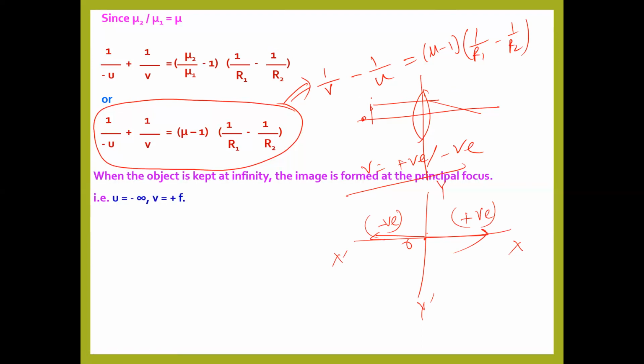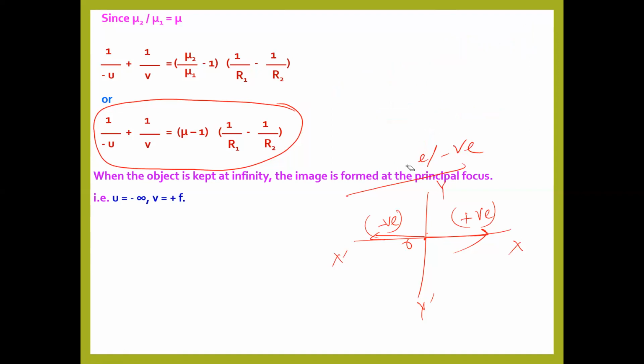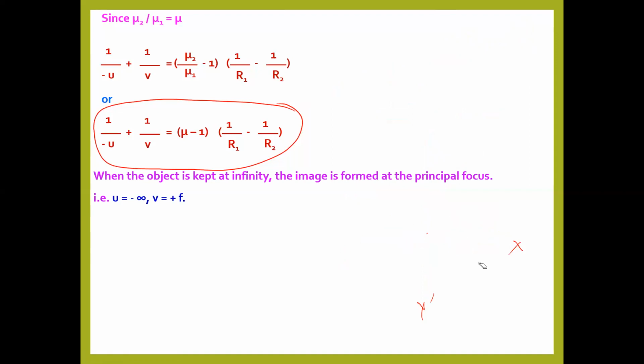So there are a few cases which are possible to discuss in the equation in depth. What will happen if we keep the object at infinity? That means U will be minus infinite, and the image is formed at the principal focus.